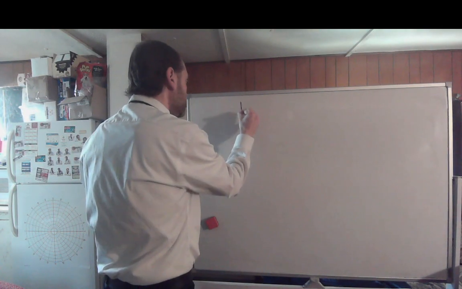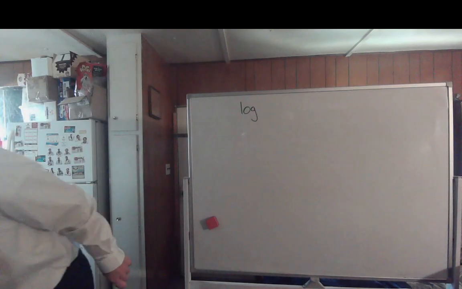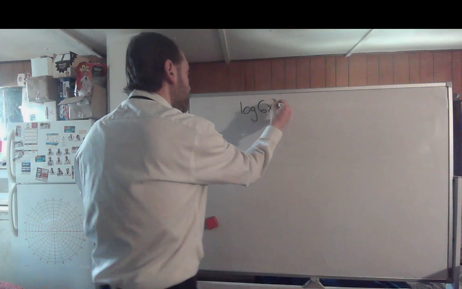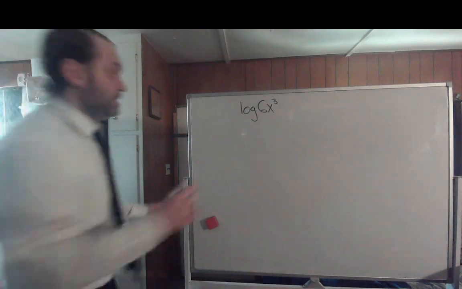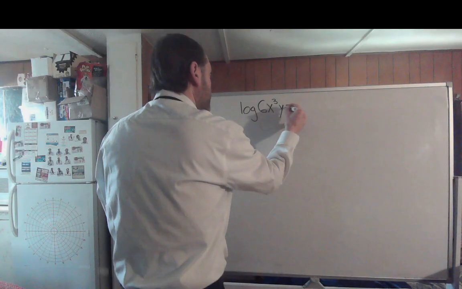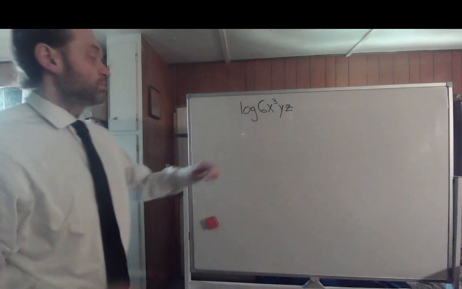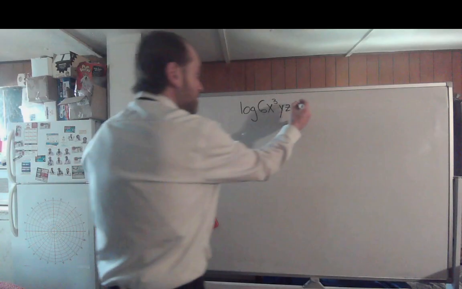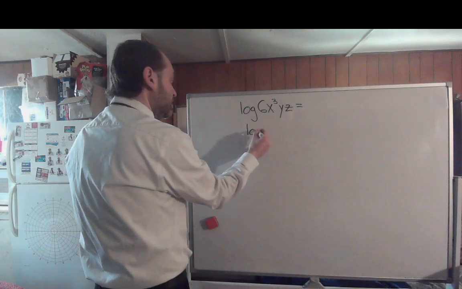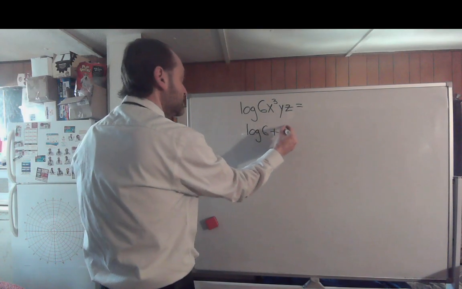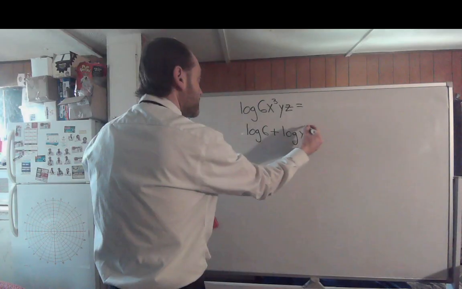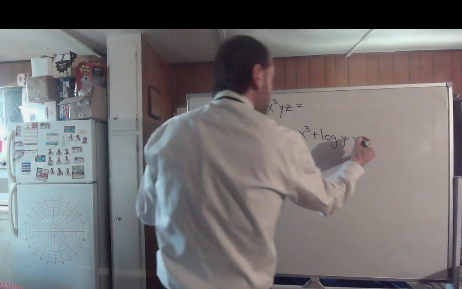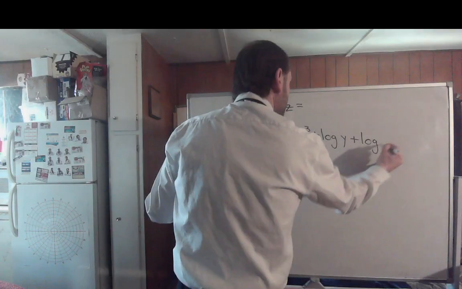What do we have here? Let's see. Is this base 6, I think? No, just base 10. Log of 6x to the third yz. So we actually have 4 products in here. So this will turn into the log of 6 plus the log of x to the third plus the log of y plus the log of z.